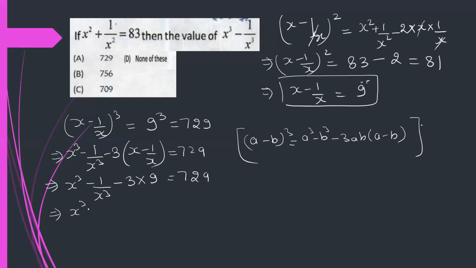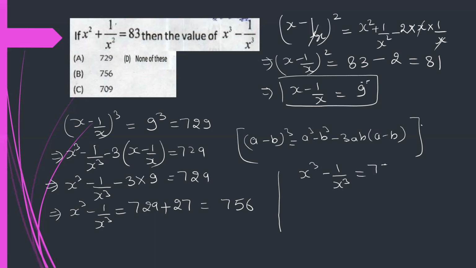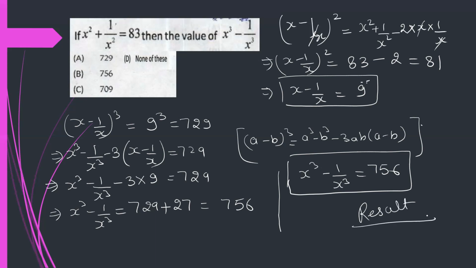So we get x cube minus 1 over x cube equals 729 plus 27, which is equal to 756. That means the value of x cube minus 1 over x cube is equal to 756, which is the required result. I hope the problem is clear.